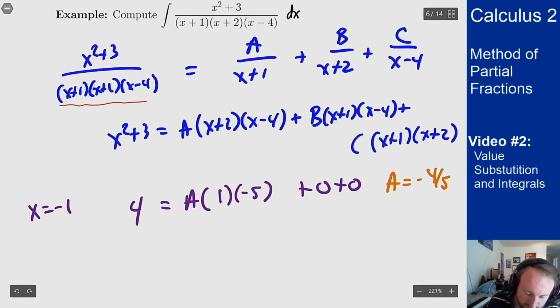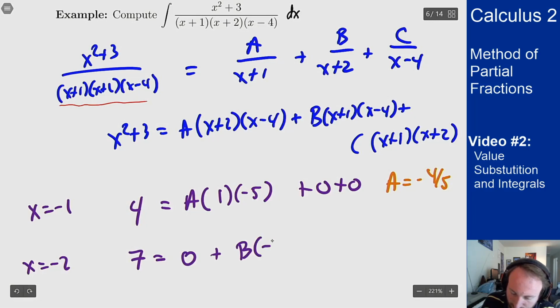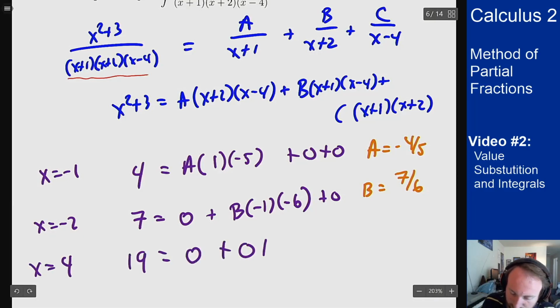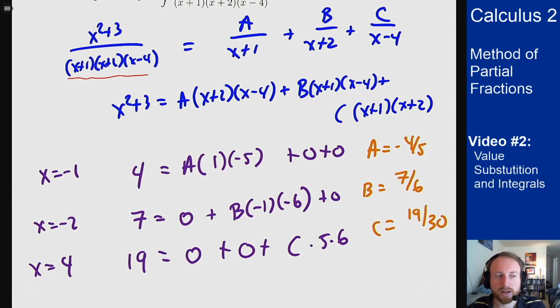If I plug in minus 2, the left-hand side becomes 7, is 0 plus b times minus 1 times minus 6 plus 0, which gives me that b must be 7 over 6. And then I can plug in x equals 4. If I do that, the left-hand side becomes 19. 0 plus c times 5 times 6, which tells me c is 19 over 30. But now what does this do? This now lets us set up the integral in a way that we can solve it.